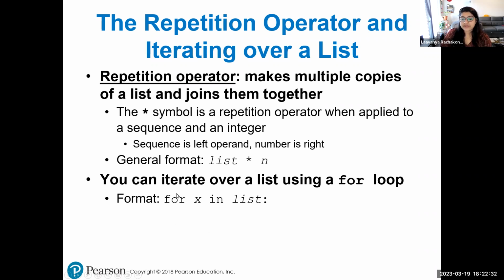So you can always use the for loop to iterate over each element in the list. That is by using for x in list itself. So list here is your variable that is assigned to hold your list. This can be for x in numbers from the previous example, print x.